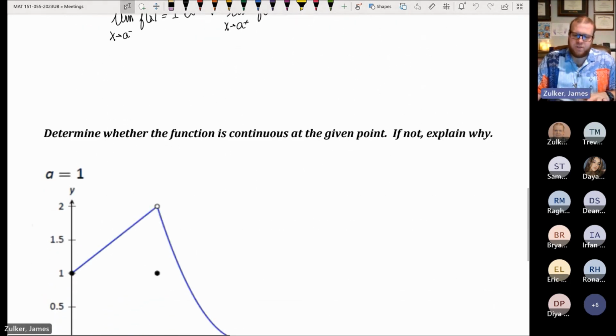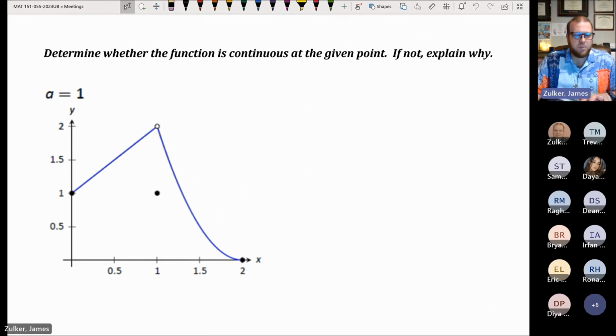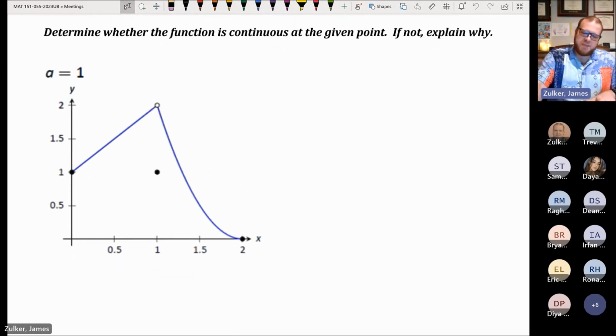What we're going to do for the first several problems, don't remember how many, we're going to be given a point and a graph, and we're going to be asked whether the function is continuous at that point. And if not, we're asked to explain why. Is this function continuous at 1?